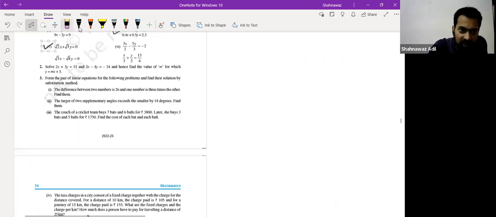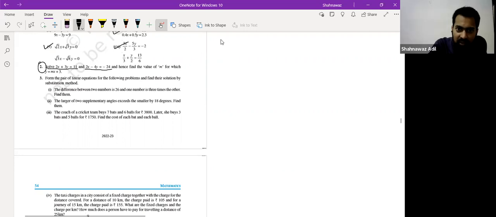Okay, so second question. We have to solve 2x plus 3y equals 11 and 2x minus 4y equals minus 24, right? So let's just do this part first, and then we will talk about this information later. Okay.